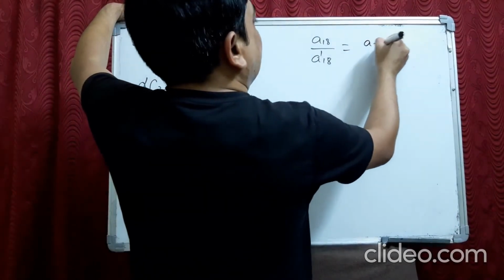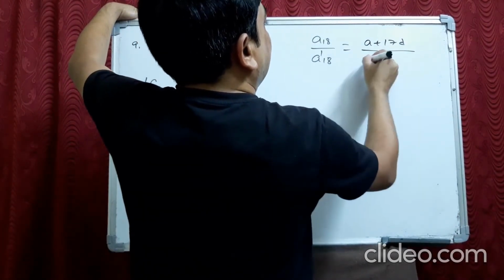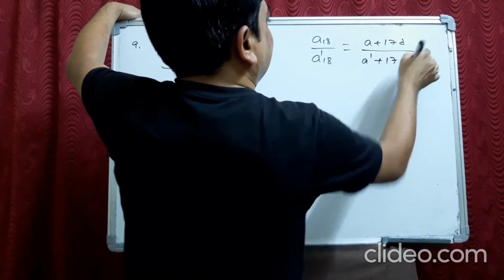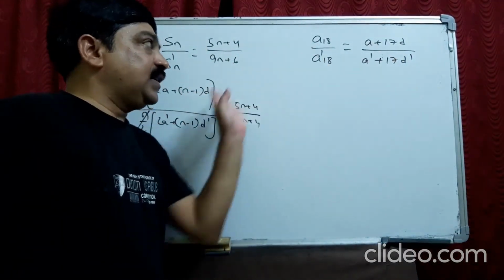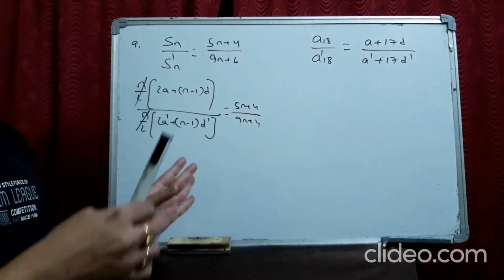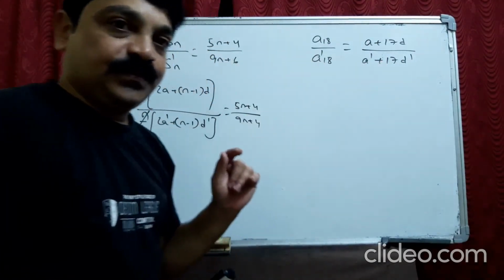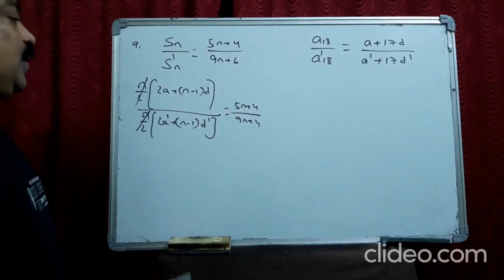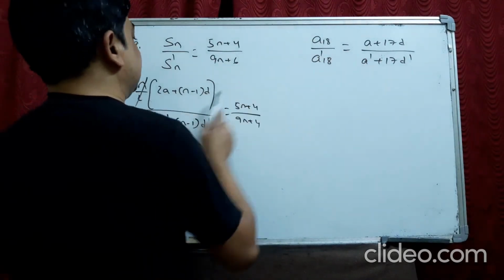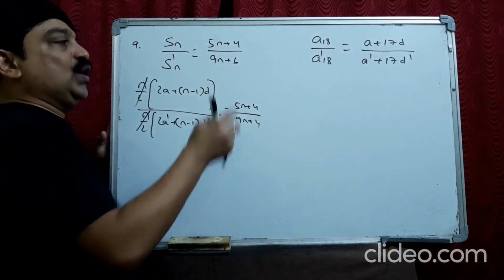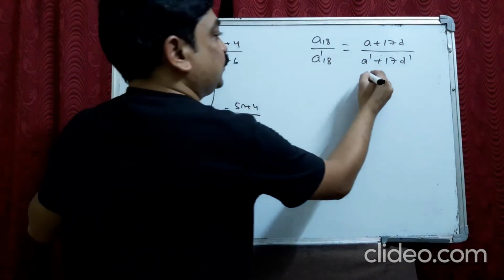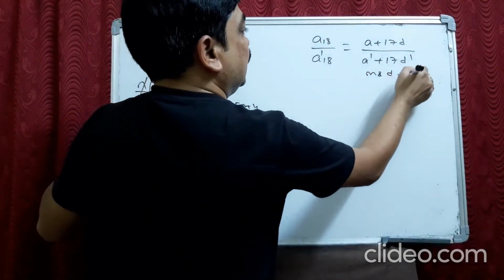It is (a plus 17d) by (a dash plus 17d dash). When I compare the left hand side with this, when both are equal, the right side one will be the answer. But to compare, here it is 2a and here it is only a. So what we do? We multiply and divide with 2.